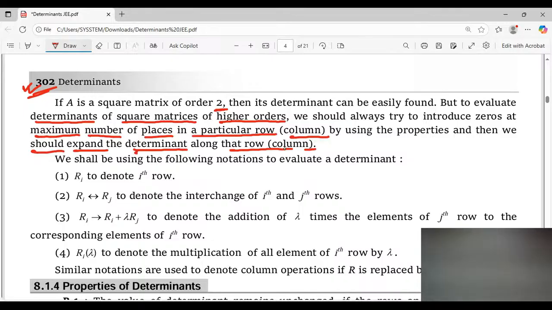So you are free to select any one row or column. We shall be using the following notation to evaluate a determinant. Ri to denote the ith row. Ri interchange Rj to denote the interchange of the ith and jth rows. Ri plus lambda Rj to denote the addition of lambda times the elements of the jth row to the corresponding elements of the ith row.